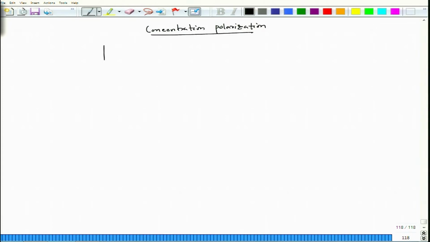As we are saying, this is IHP, this is OHP, and this is the initial concentration, the concentration in the bulk, which is similar to CO, let us say, because the bulk concentration is similar to the interface concentration in the beginning when there was no current supply or the over voltage is 0, and after the current flow, let us say it is a little bit higher current density.